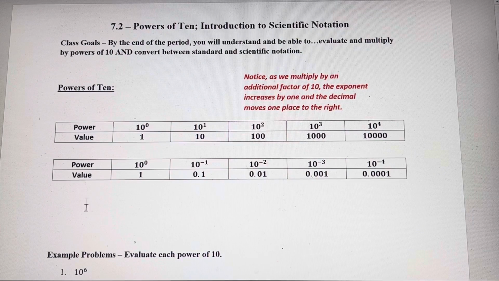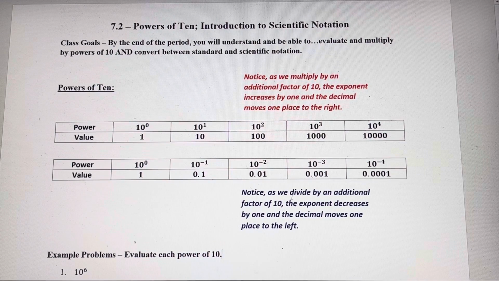When we divide by 10, or when we get rid of one of these factors of 10, notice my exponent is getting smaller. We're dividing by 10 each time, which means the exponents are getting smaller by 1. So we go from 0 to -1 to -2 to -3, and so on. As the exponents get smaller by 1, the decimal moves one place to the left.